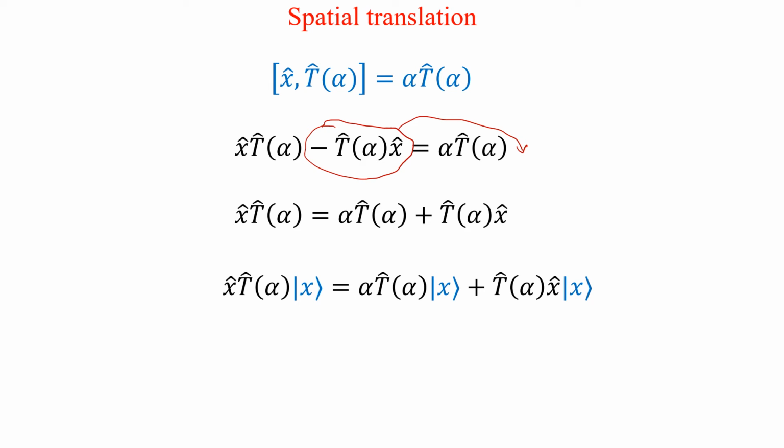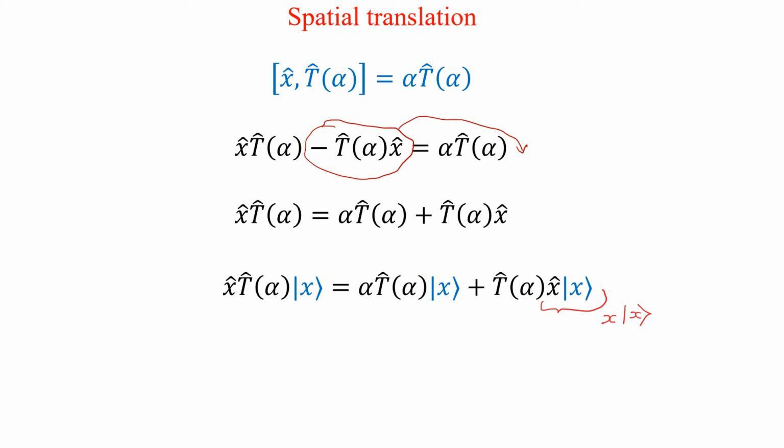Here x is an operator. When the operator x acts on the ket vector |x⟩, you will get x|x⟩. Here x is a number, and here x is an operator. What I have shown in red color is a number. So you will get x|x⟩.